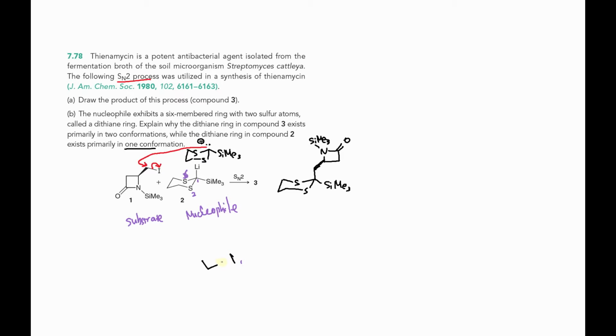And next to it is going to be our position 2, but we don't have carbon this time, we have sulfur. And then 2, 3, 4, 5, and then 6 is going to be here.